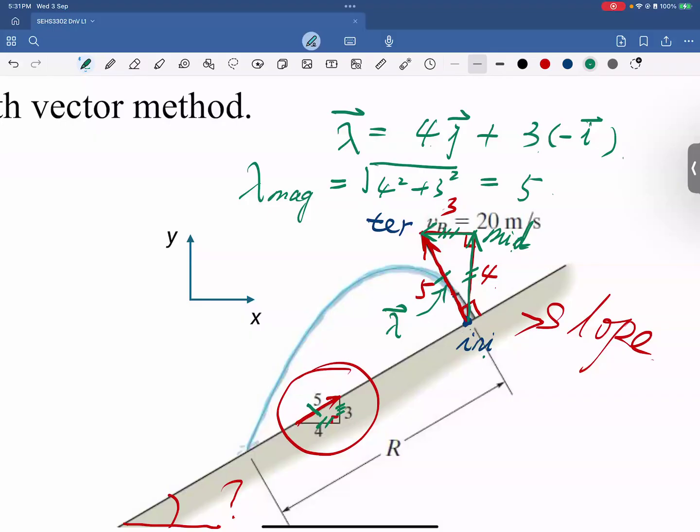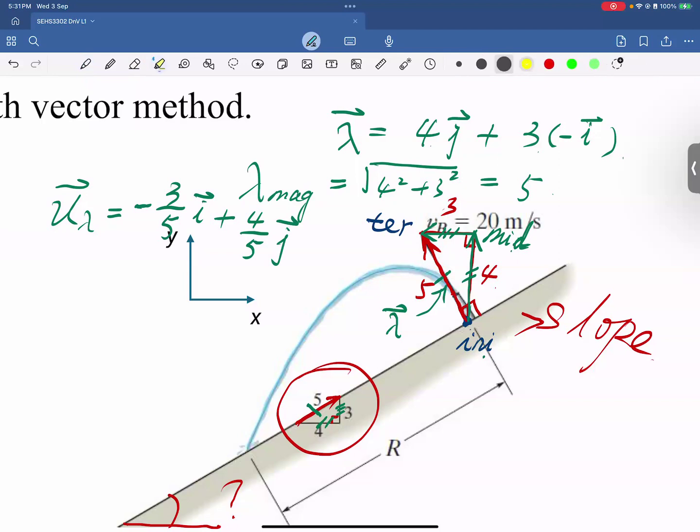Therefore, the unit vector of lambda must be 3 over 5 negative i plus 4 over 5 j. This is the unit vector we finally got.